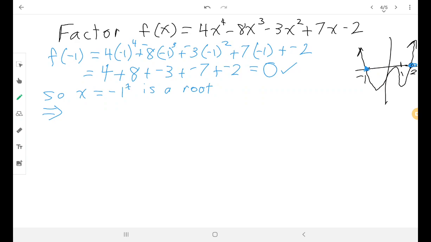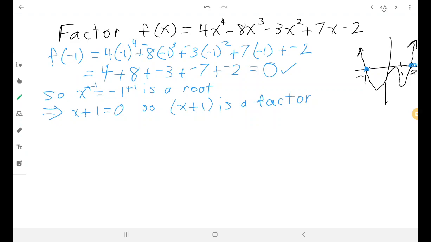In other words, add 1 to both sides, and then x plus 1 equals 0, so x plus 1 is a factor. Okay, so that's an important thing there. x plus 1 is a factor.